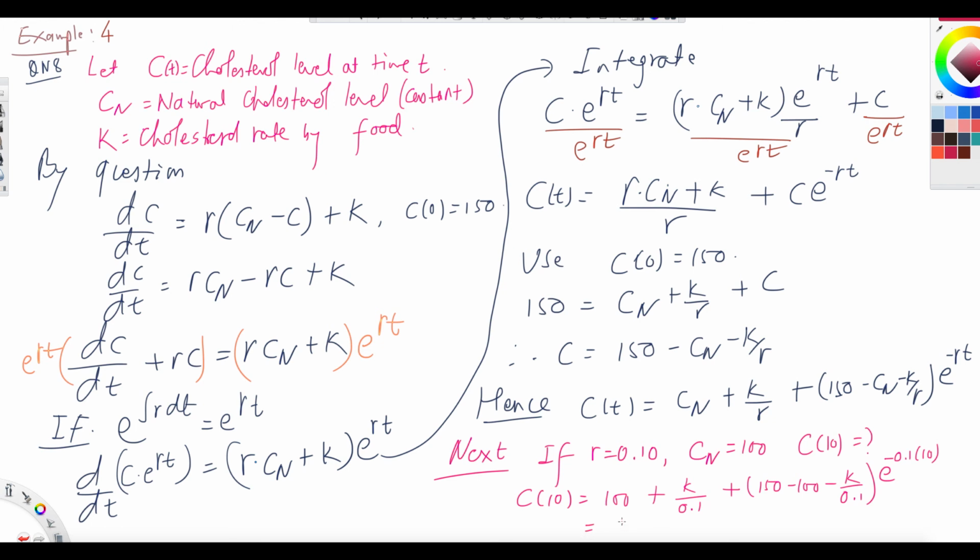That would be 100 plus 10k, and then plus 150 minus 100, which is 50, minus 10k, times e to the negative 1, so 1 over e. This is the cholesterol level after 10 days in terms of k. All right, that is basically question number A.